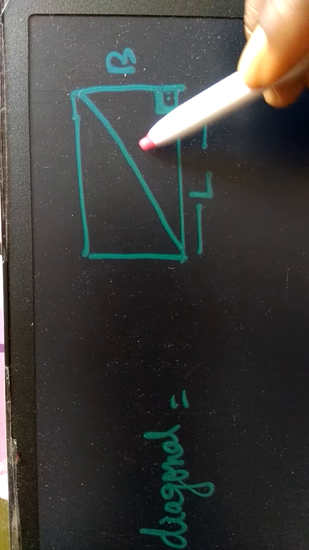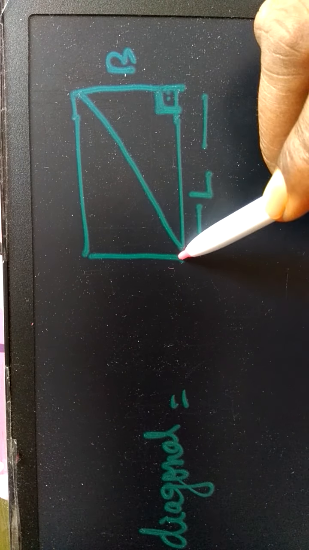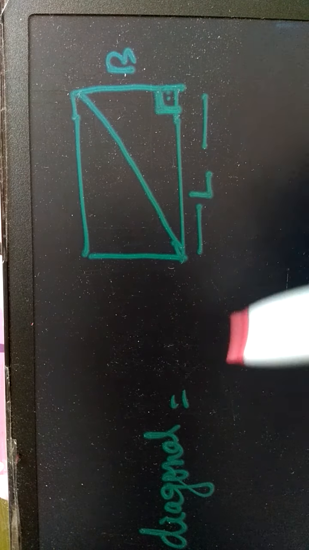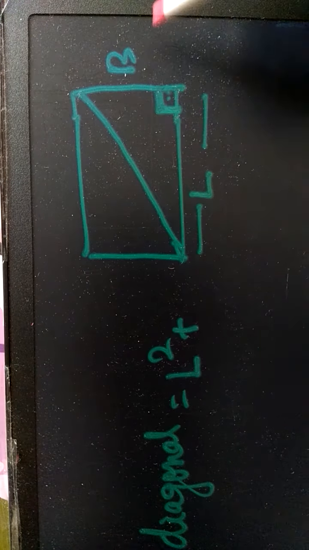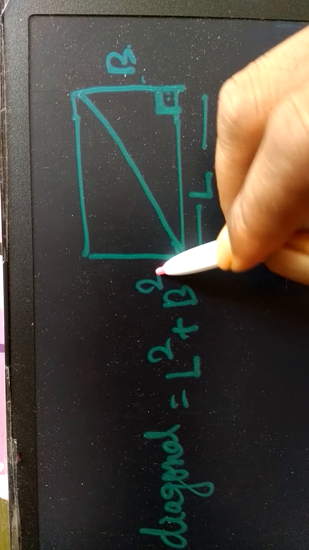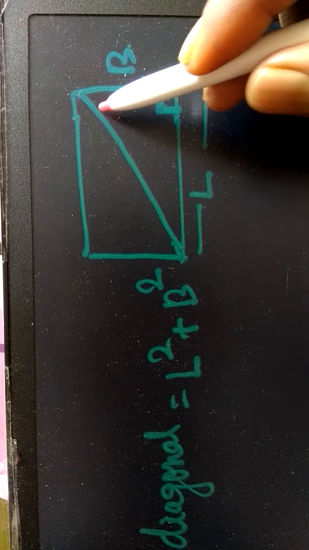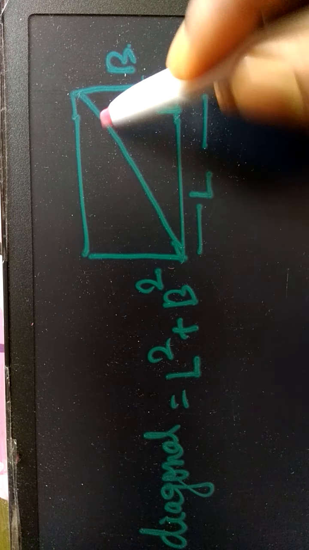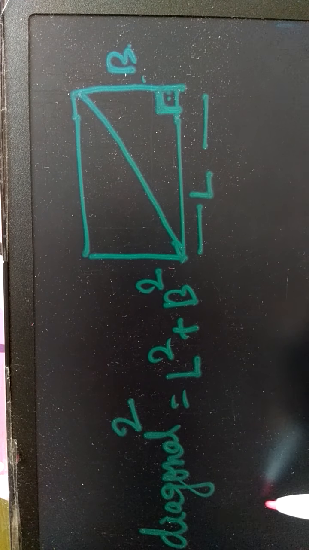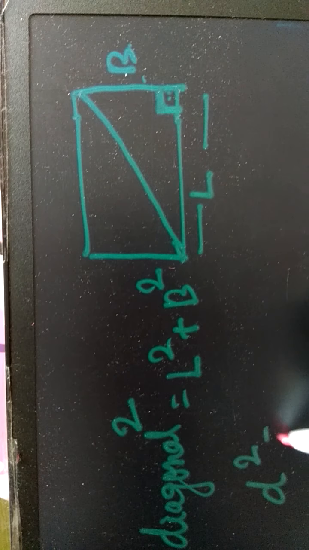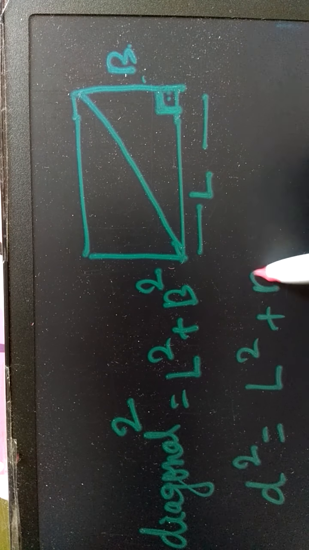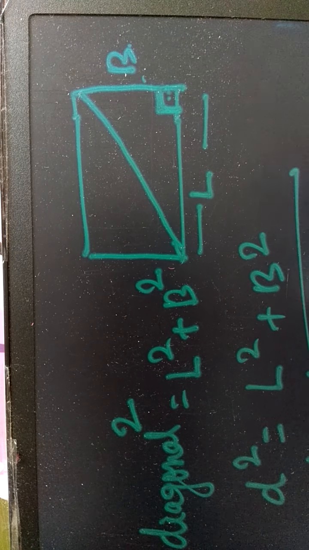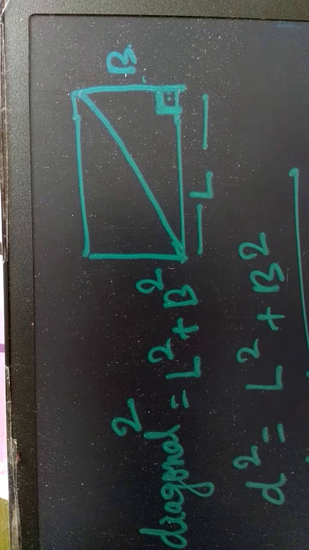So in case of a right angle triangle, we think about the Pythagoras theorem, and in the Pythagoras theorem, the square of length and the square of breadth should be equal to the square of this one, that is the hypotenuse. Here we will call this the diagonal. So we get the formula: diagonal square is equal to length square plus breadth square. To calculate the diagonal, simply root under L square plus B square.